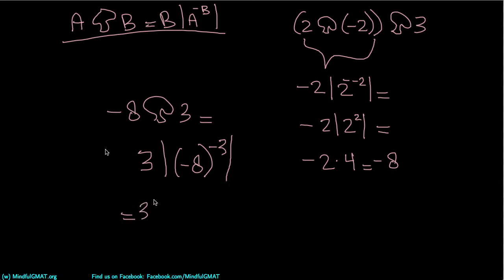Now, first we need to get rid of this negative sign. A negative sign in the exponent means that we divide by the whole thing. So this means division by the absolute value of minus 8 to the power 3.